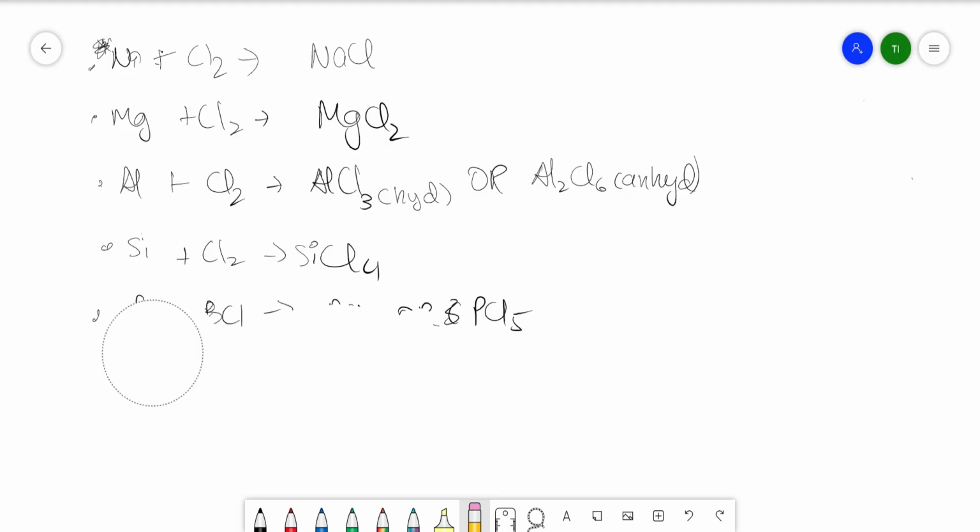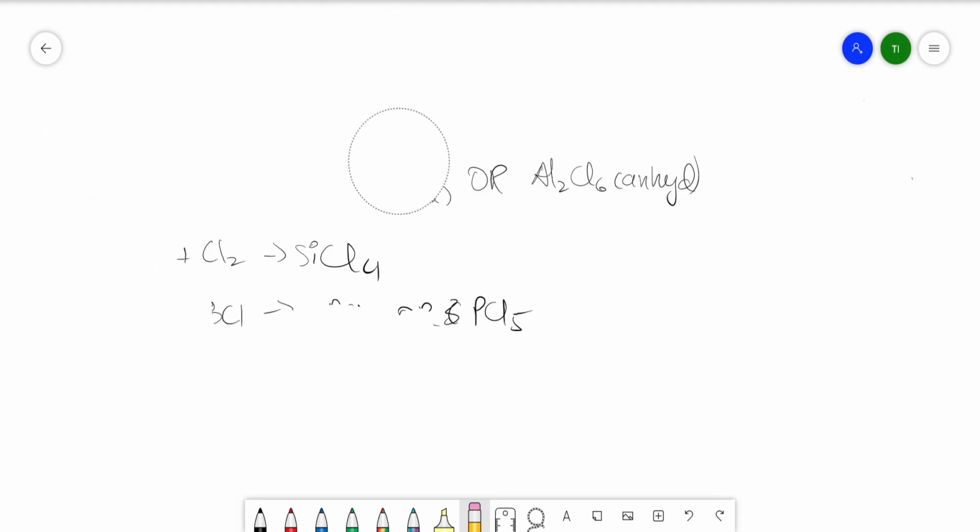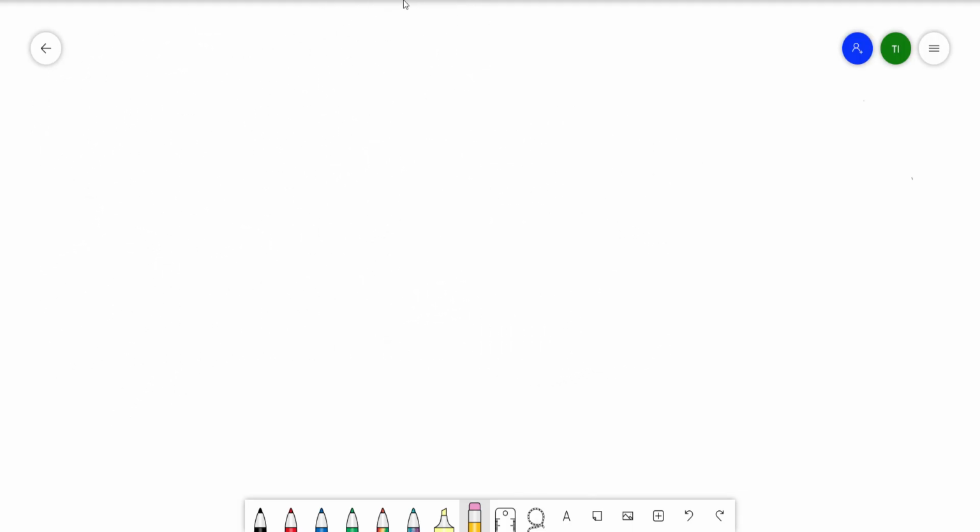Now we move on to the reactions with water. Again, this part is purely theoretical, so these are just things that you have to remember. You don't really have to understand much in depth. So reaction with water.